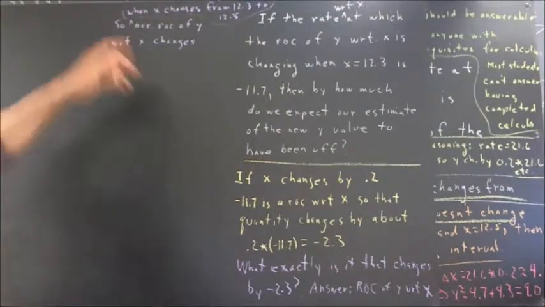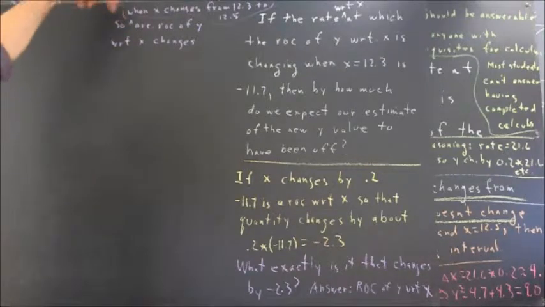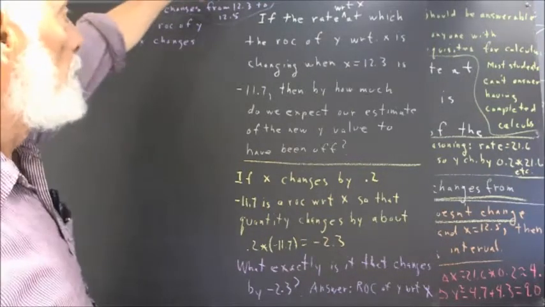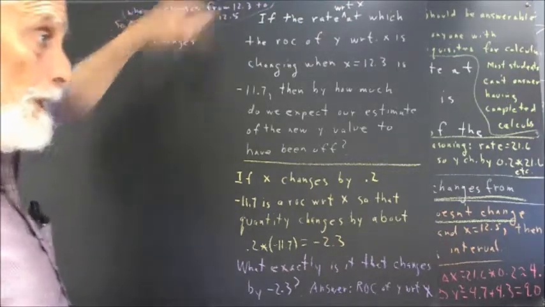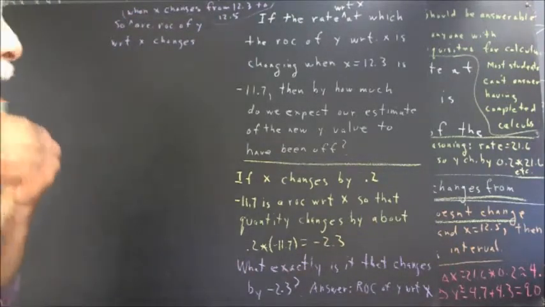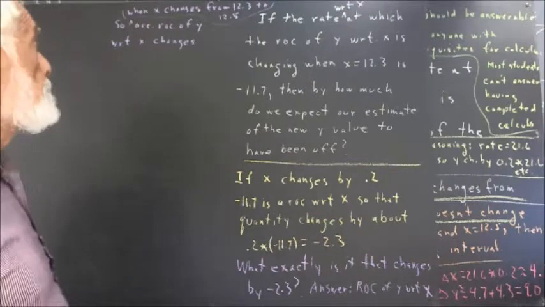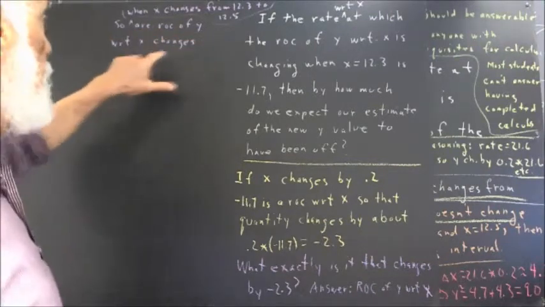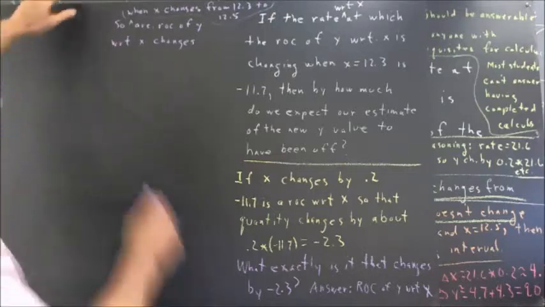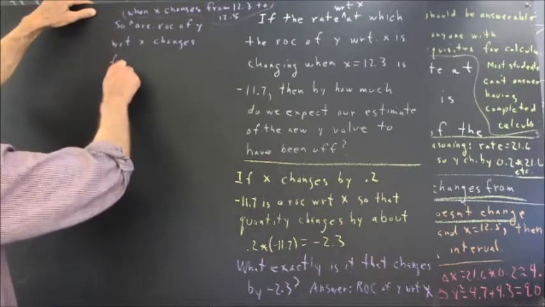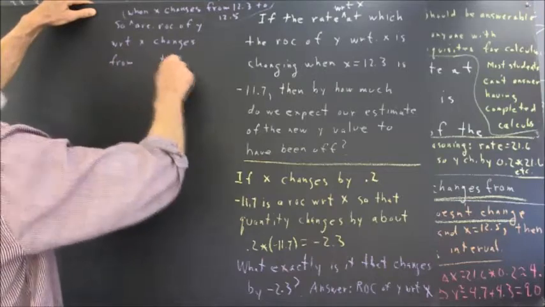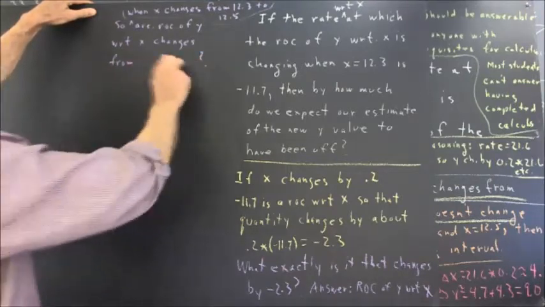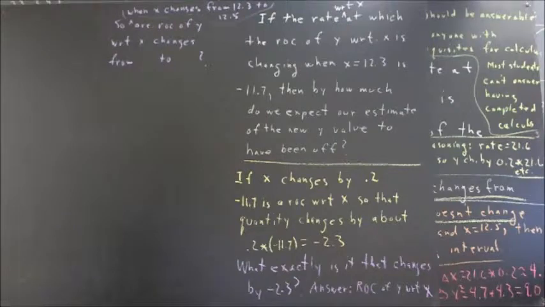Well, our conclusion. I had to insert this up here: when x changes from 12.3 to 12.5, that's probably implicit, but I decided I wanted to write it very explicitly. The average rate of change of y with respect to x changes from what to what? What numbers would I put in here? Well, if you recall, the rate of change of y with respect to x was originally 21.6.